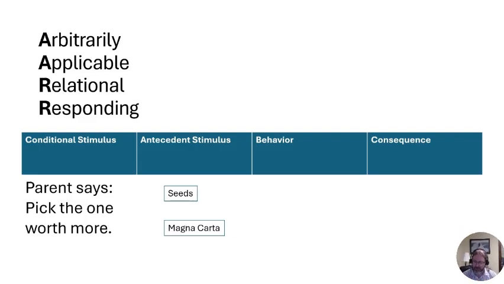So you can try this for yourself. If you are fluent in English, then you would have had a lot of history already to help you develop fluency with arbitrarily applicable relational responding. And we can see how this would work. So if we take two stimuli that you've never probably directly compared before, so let's say plant seeds, heirloom tomato seeds, and the Magna Carta, the critical early legal document that's the basis for a lot of democratic rights later on.